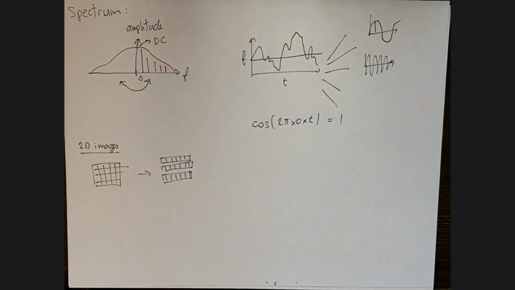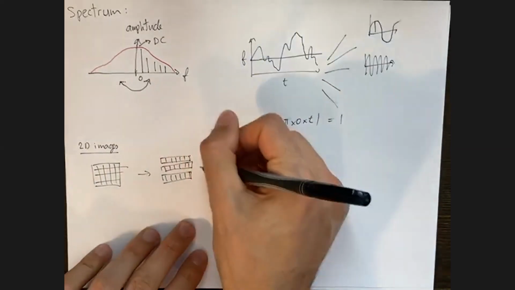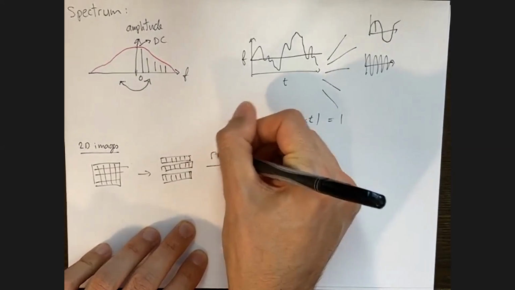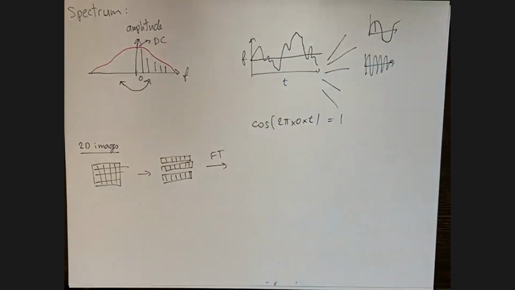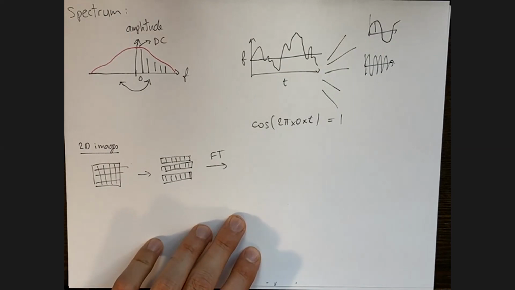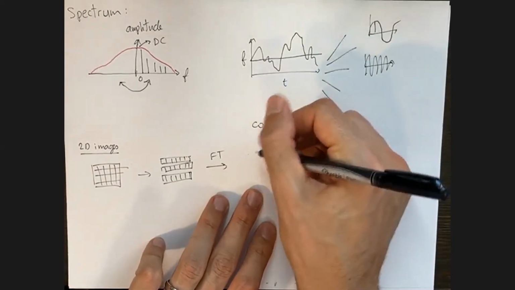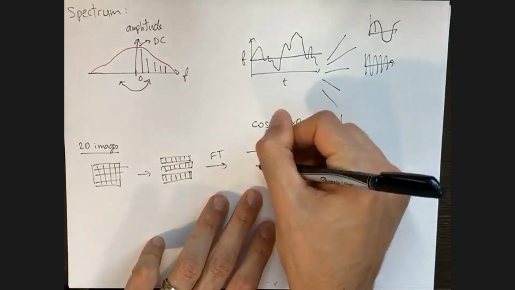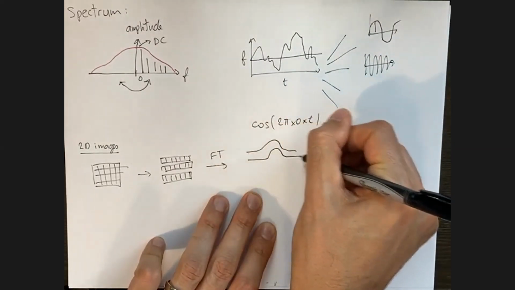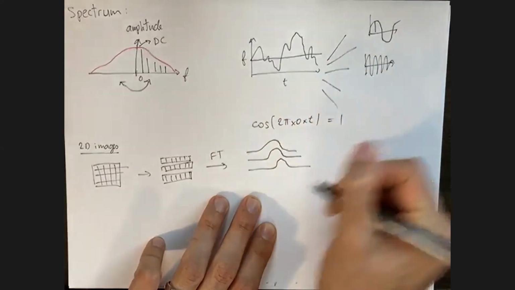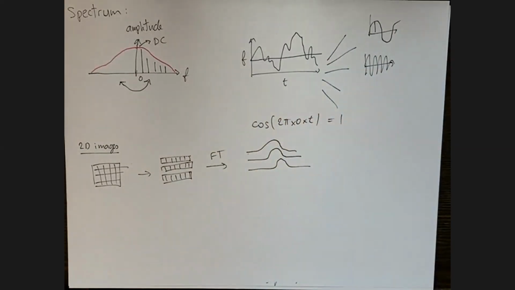So I could take a given image and apply a Fourier transform on the rows of the image. That will give us the frequency content of the image along the rows, which is the horizontal direction. If we did that, we would end up with a collection of spectrums, one spectrum for each row of the image.